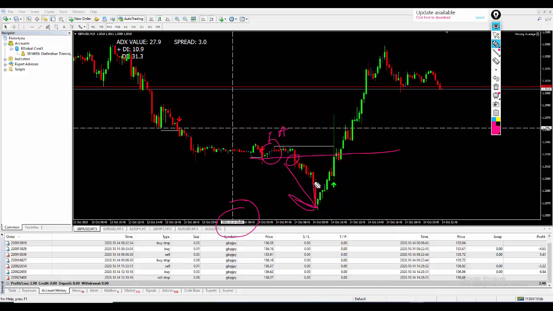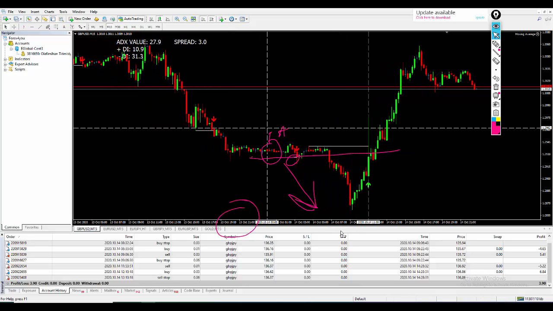And around this time, which is around 11 a.m., there's another signal that came up here, but you can see that this resistance was so strong and it pulled back.